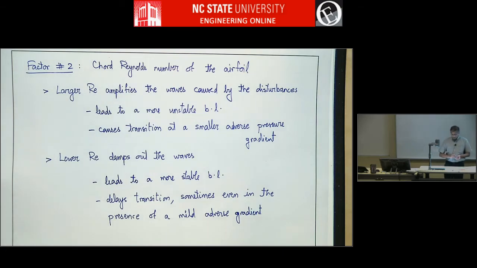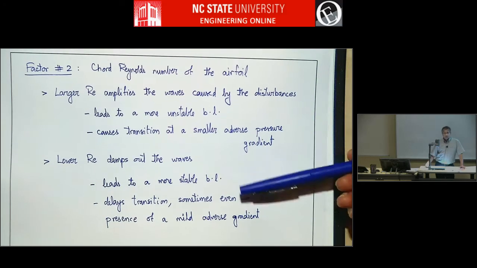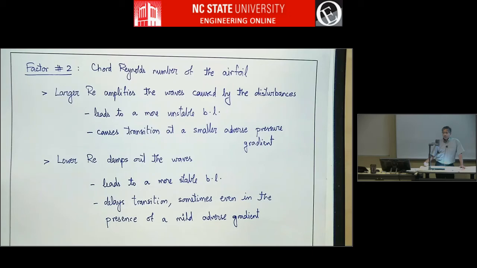So in the earlier page we saw how when the laminar boundary layer encounters an adverse pressure gradient, it transitions. How quickly that happens depends on the Reynolds number. So if you have very low Reynolds number, even in the presence of adverse pressure gradient, laminar boundary layer will be stable and it will try to stay laminar for a longer distance than at a higher Reynolds number.